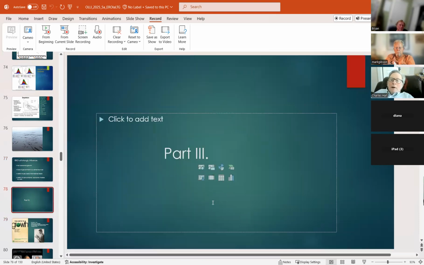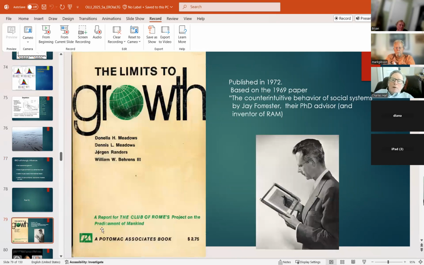Okay, the final thing I want to talk about is this concept of limits to growth. I want to talk about this as a historical entity. This came out in 1972 based on the 1969 paper that I read, The Counterintuitive Behavior of Social Systems by Jay Forrester at MIT.